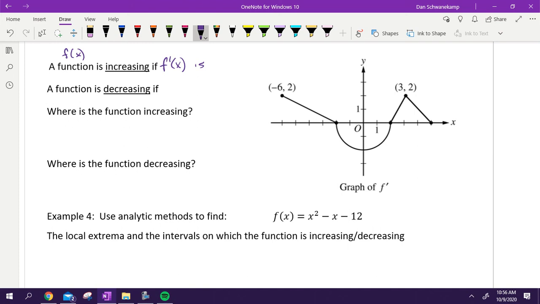What is going to be true about f prime? It's positive. It's greater than 0. It's got to be positive. If f prime is positive, that means the slope is positive. If the slope is positive, that means it's increasing. A function is decreasing, means f prime is negative.